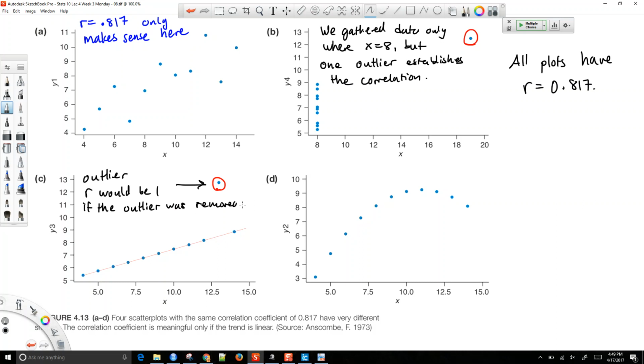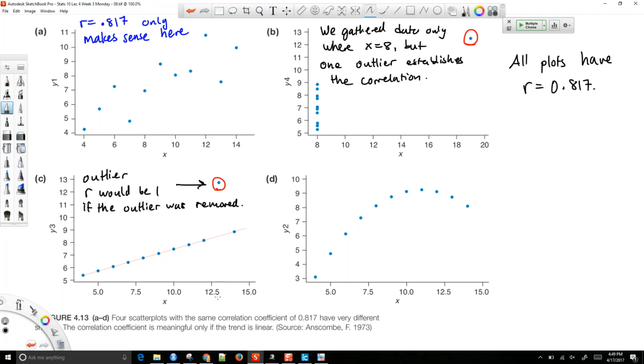So the question is, should we keep it? Should we get rid of it? Well, we can't answer that just by looking at the plot. You've got to investigate it, right? If it looks like it's a typo, sure, get rid of it, okay? But what you probably want to do is gather more data around this point, 12.5, 13 or whatever.